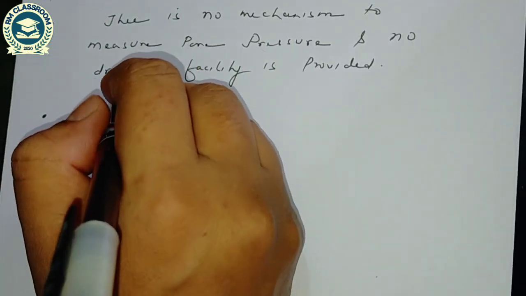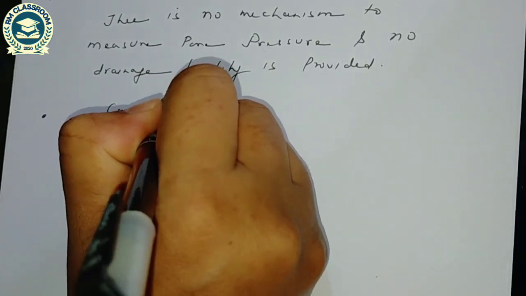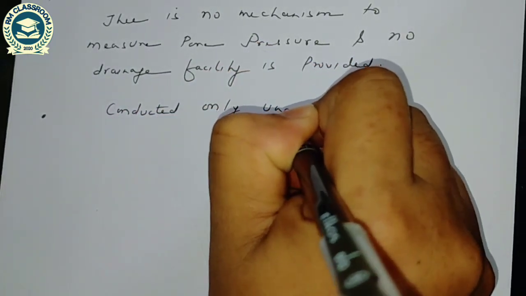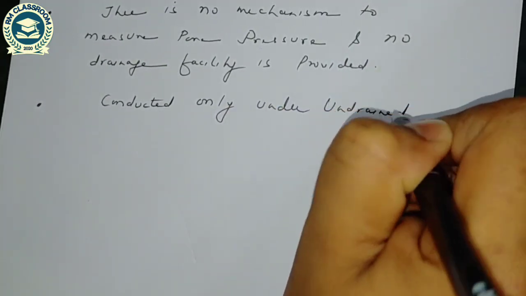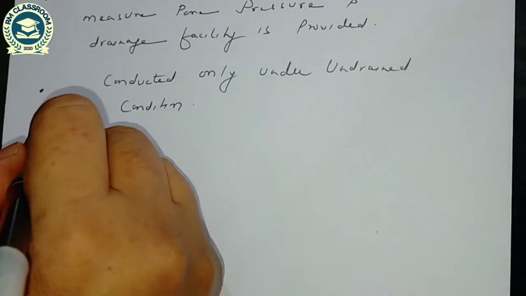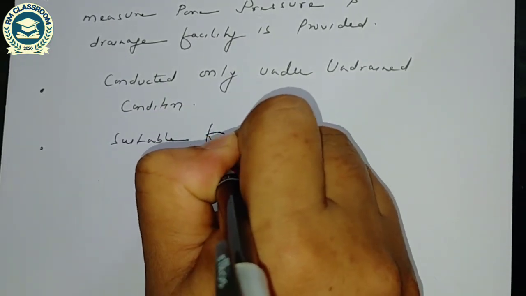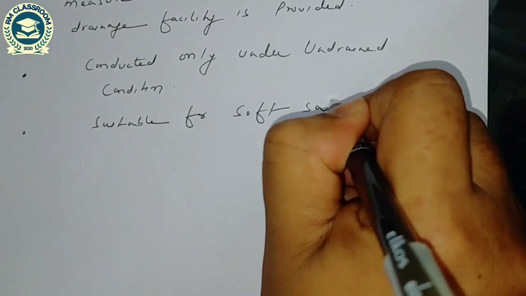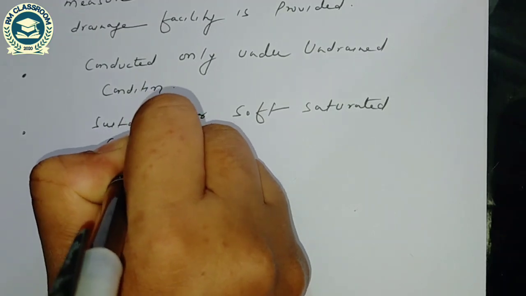Hence, the vane shear test is conducted only under undrained condition. This test is suitable for soft saturated clay.